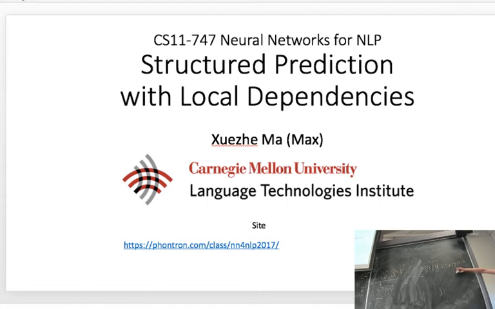I cannot remember exactly, but something like this. That means you put your loss here, that's y star, and redefine the score function.